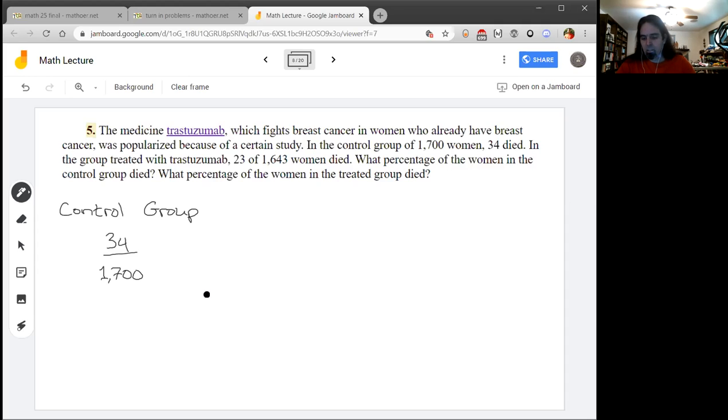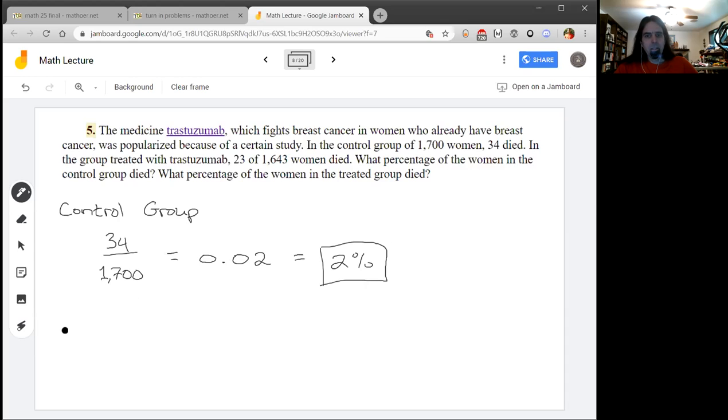So if I find this as a percent, so 2%. So this is the people with no medicine. And this number is telling us that it's just not very likely to die of breast cancer. Most people don't get it.